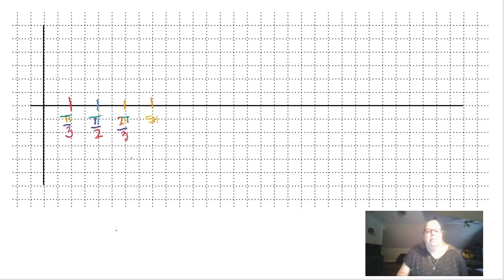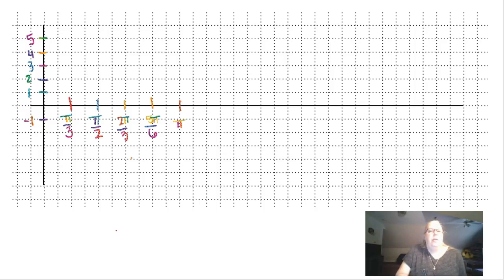And 5 pi over 6 right here. And then we'll put pi right here. Now this time we're going to have to let one box stand for one unit. So we got 1 here, 2 here, 3 here, 4 here, 5 here, and then we'll have a -1 down in here, even though we don't need it.